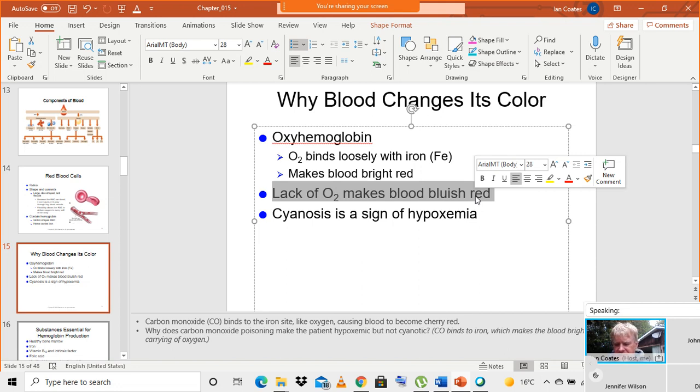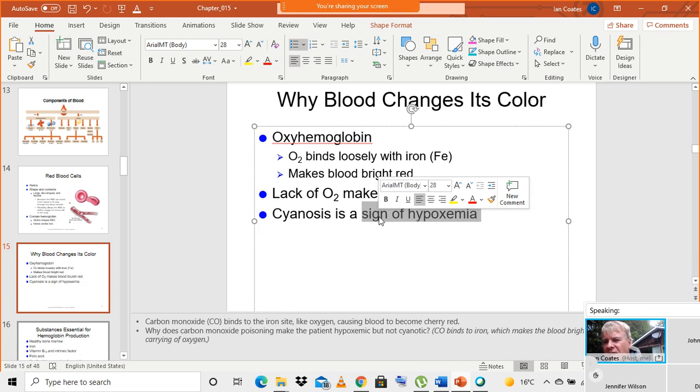And you'll see there that there's a bit of a bluish color because they're carrying blood that is low in oxygen and high in carbon dioxide. Okay, so that's why they have a little bit of a bluish color. Cyanosis is a sign of hypoxemia. Blue lips. You know, when you don't have enough oxygen there, your lips will go blue.